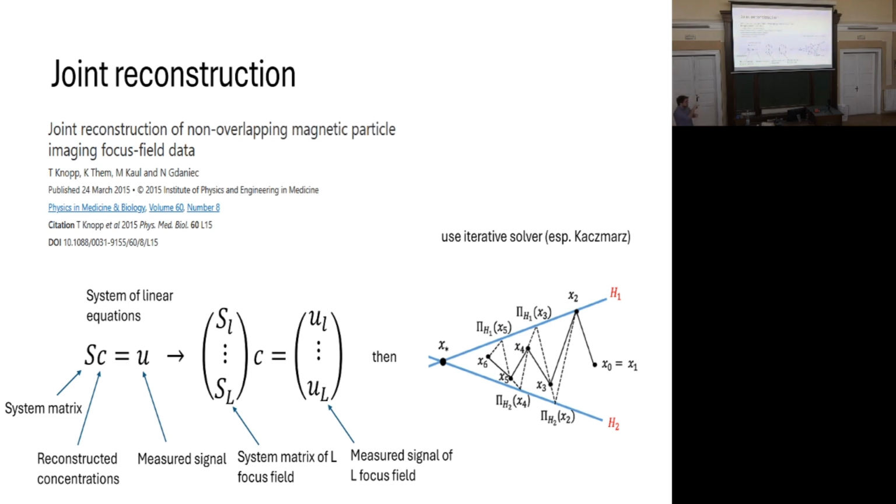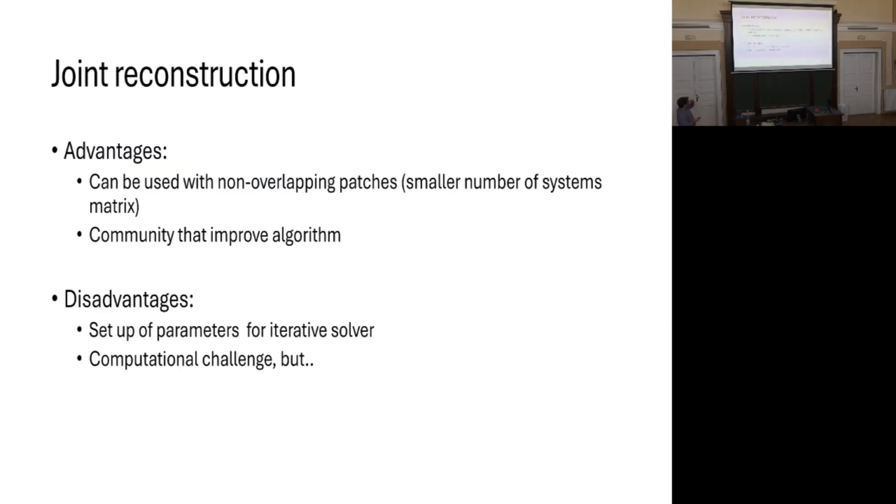There will still be some border artifacts on the first layer and last layer, but in the middle you will get nice clean images. As I said, there's also a big advantage because you can use it with no overlapping patches, so your measurement can be quicker.